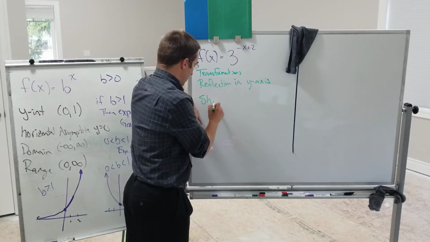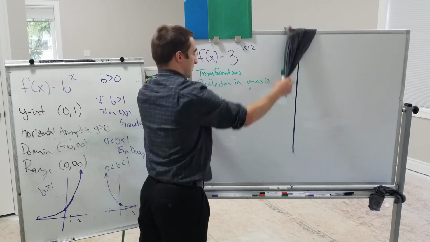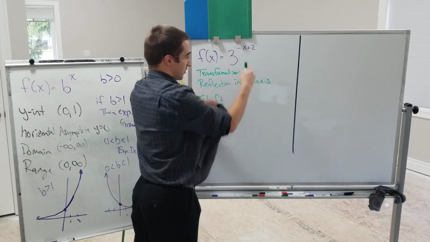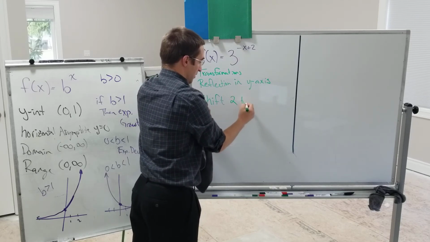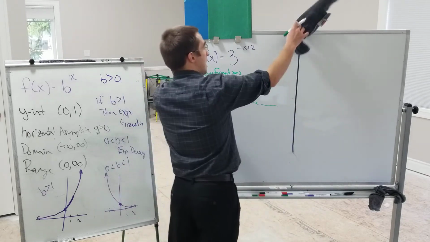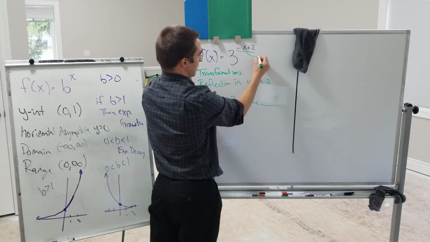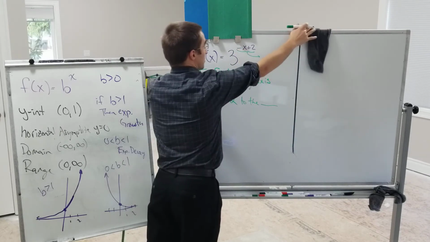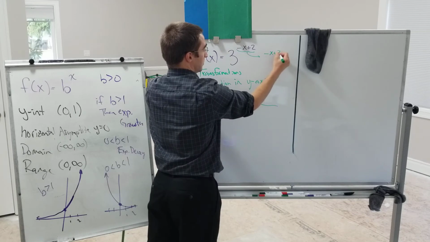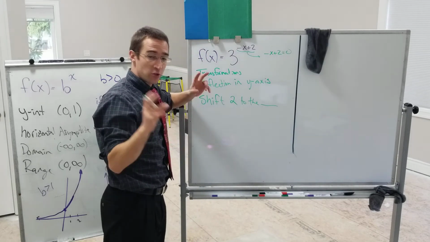and we have a shift, we know it's 2 units, right? 2 units to the blank. And we're going to say, is it right or left? And remember, the way to figure this out is to take the argument of the function, which is negative x plus 2, make it equal to 0, and solve for what x is your starting value.